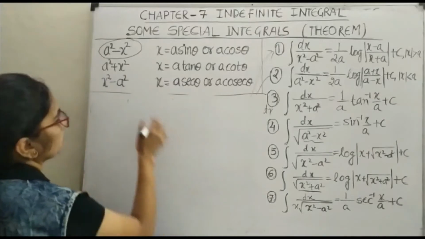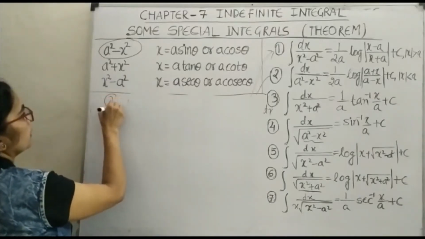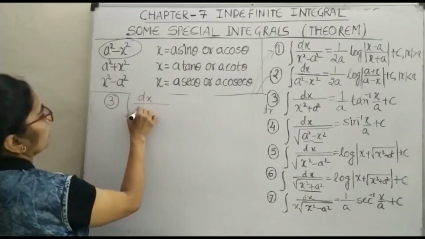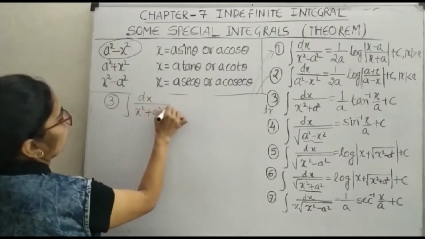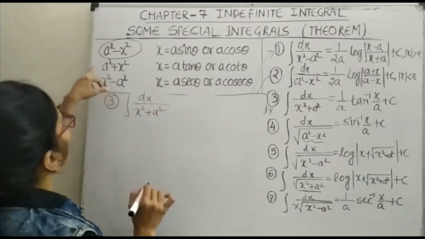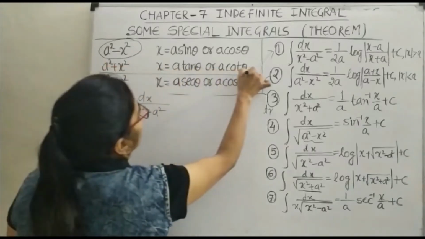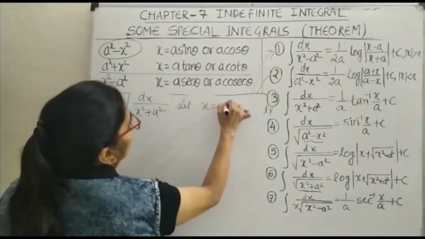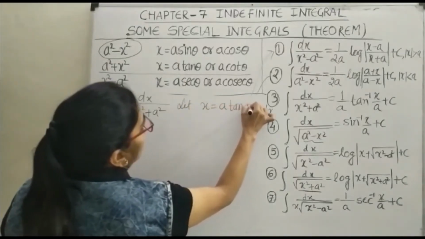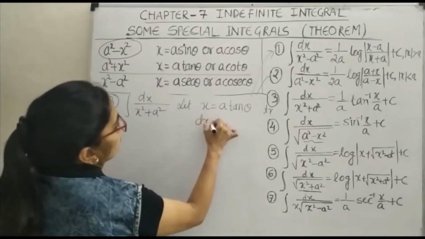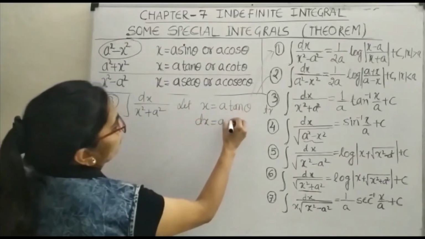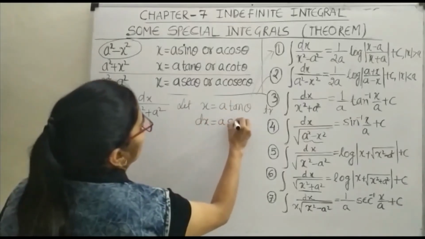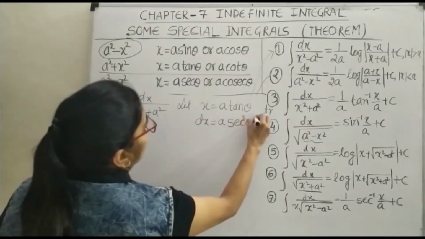Next, coming to the third one, it is dx upon x square plus a square. Just see, x square plus a square, as I told you, we can take the substitution here. Let x is equal to a tan theta. Then dx is equal to a times the differentiation of tan theta, which is sec square theta d theta.